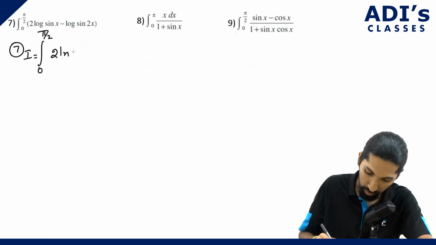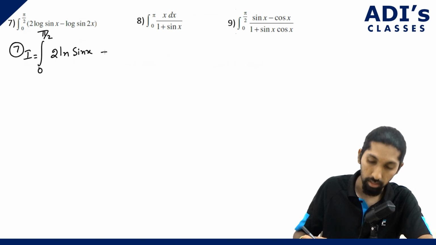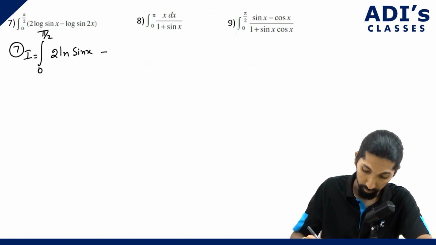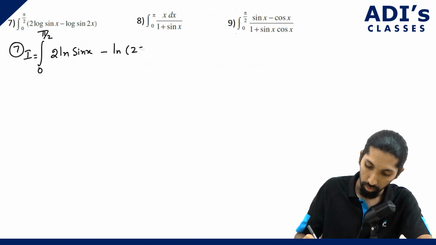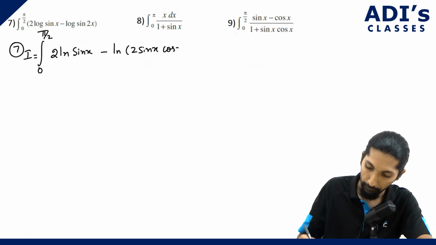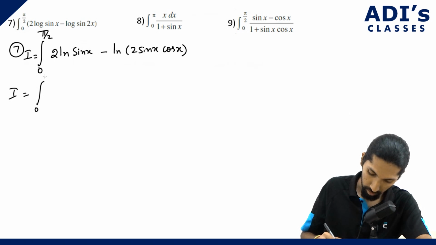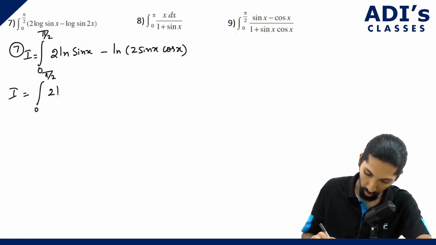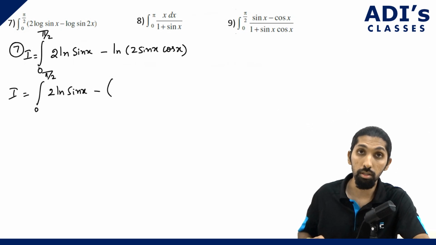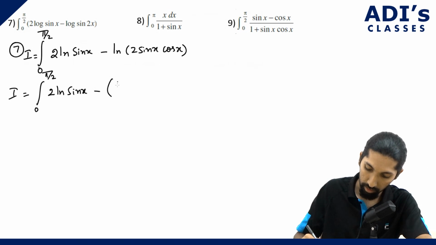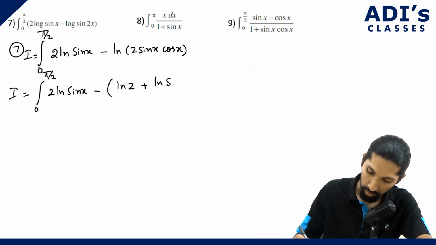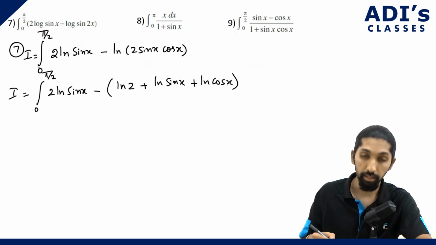2 log of sin x minus, this expand sin 2x. That is log of 2 sin x into cos x. Right? So I is equal to 0 to pi by 2, 2 log sin x minus of, if you all remember the laws of logarithm, we can write this as log 2 plus log of sin x plus log of cos x. Correct?